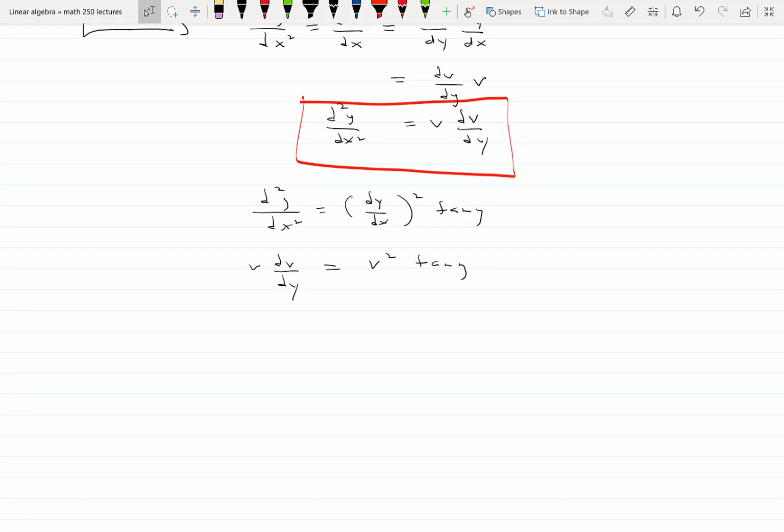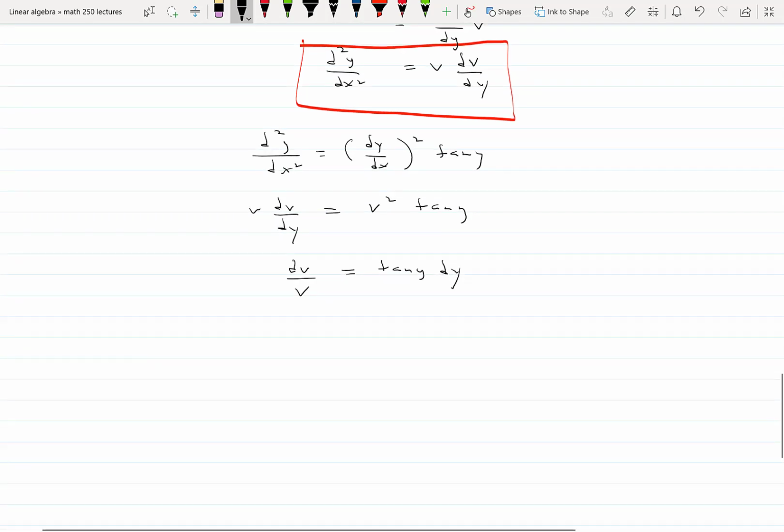In fact, this differential equation is separable. So if you divide both sides by v squared, you get dv over v. Multiply both sides by dy, you get equals tangent y dy. And integrate. So I'm going to integrate both sides.